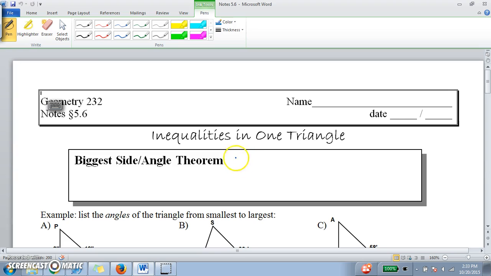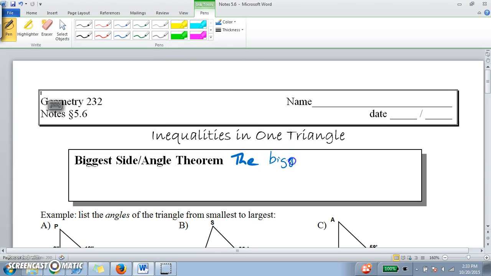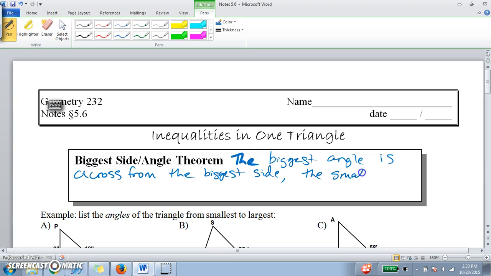that in a triangle, the biggest angle is across from the biggest side, smallest angle is across from the smallest side, so smallest angle, smallest side, etc. So on and so forth.